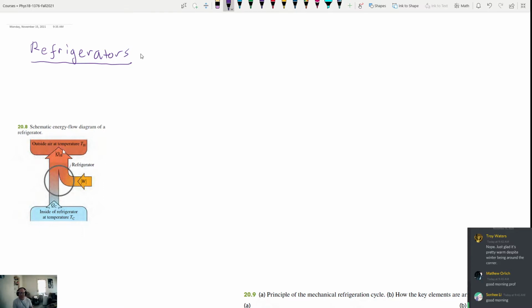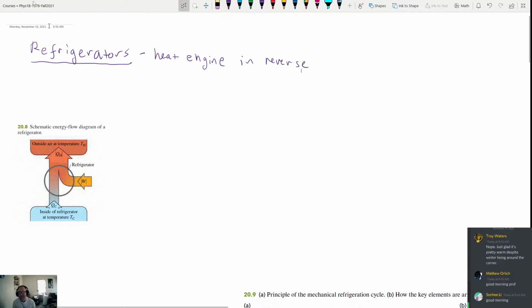That's pretty much what these things are. So we talked last time about heat engines, and a heat engine was something that took in heat and then outputted work, basically. So a refrigerator is going to do exactly the opposite. It is going to use work. It's going to take in work. It's going to use it to dump heat out of its system, okay? So it's a heat engine acting in reverse.